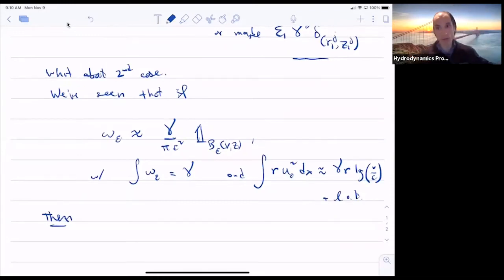Okay, we've seen that if this is true, then we proved a theorem, but in the course of proving the theorem, we approximated the Biot-Savart law. We needed to figure out the velocity u epsilon associated with such a vorticity.